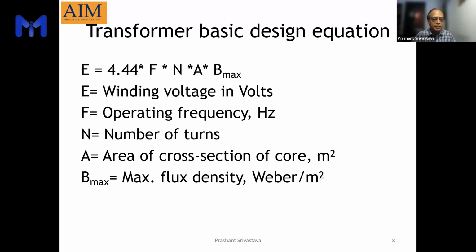So this is the basic design equation of any transformer, and the voltage value is in RMS. E is equal to 4.44 F N A B max, where E is the winding voltage in volts, F is the operational frequency, N is the number of turns, A is the area of cross section of the core in meter square, and B max is the maximum flux density in Weber per meter square.